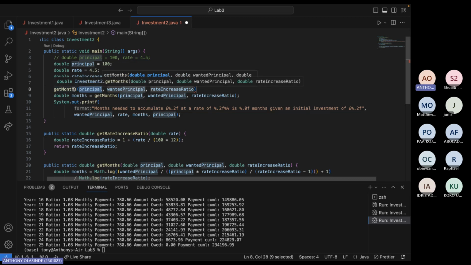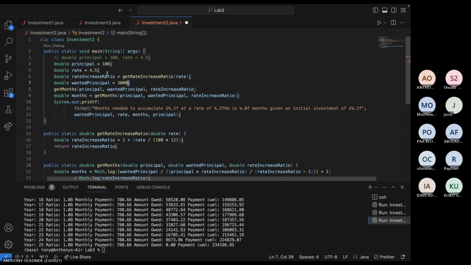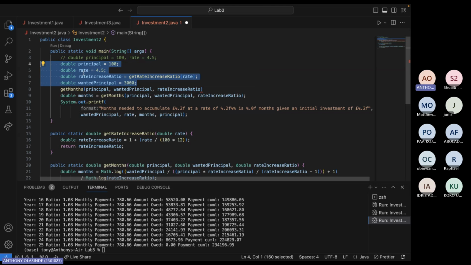The method definition says I want principal, wanted principal, rate increase ratio. So it looks at those names and the variables I have in my system and just slots them in. But if this rate increase ratio is not what I want, I can easily change it to rate. They are just suggestions. You don't have to go with them.